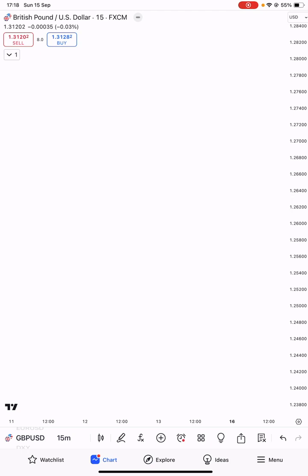Obviously there won't be as many setups, because you need to wait for a ranging market profile to happen, so you miss the expansion phase. But that's a model I sometimes use.